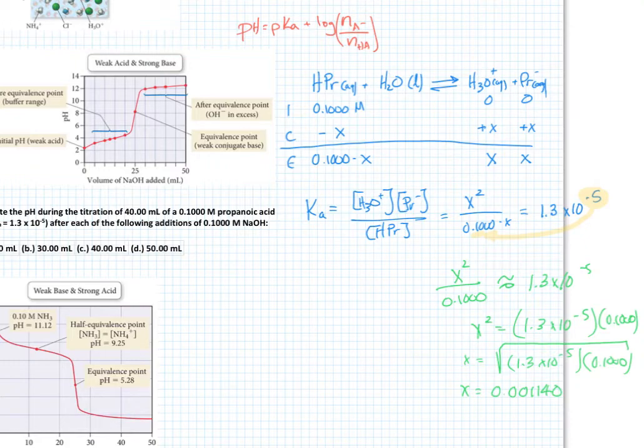All right, and if we recognize X is actually the concentration of H3O plus, right? So this guy is equal to the concentration of H3O plus. And of course, we know the pH is equal to negative log of the hydronium ion concentration. So therefore, this is going to equal negative log 0.001114 and that equals 2.94.